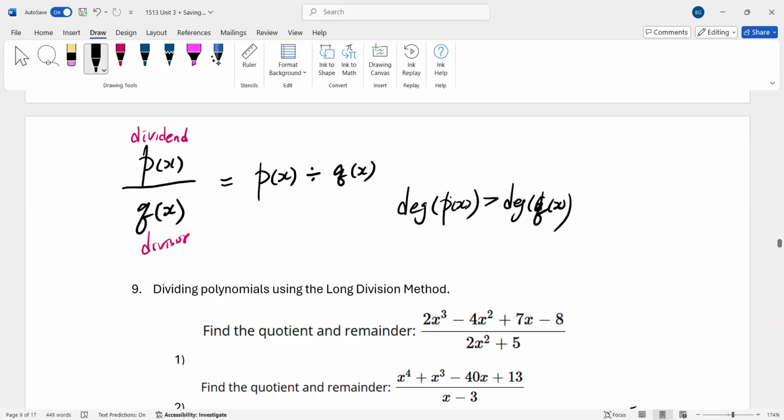And in the case the degree of the numerator is smaller than the degree of the denominator, we do not cover that in this section.